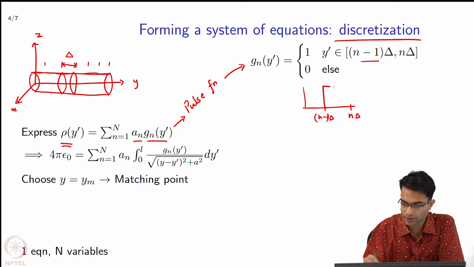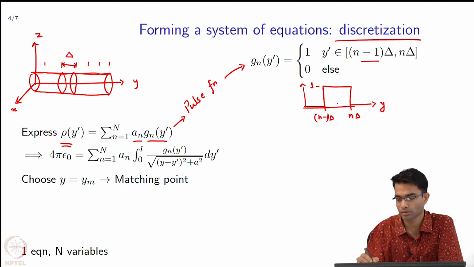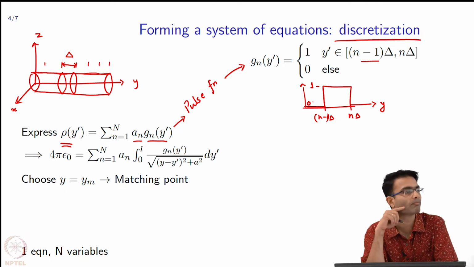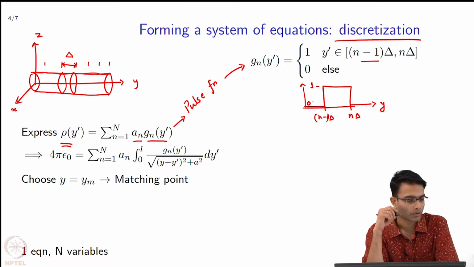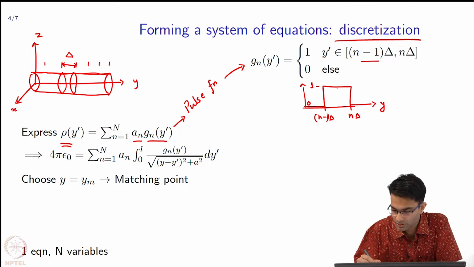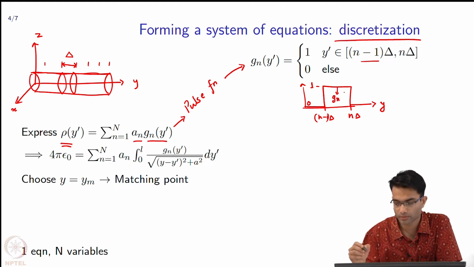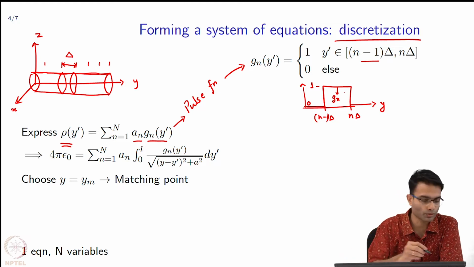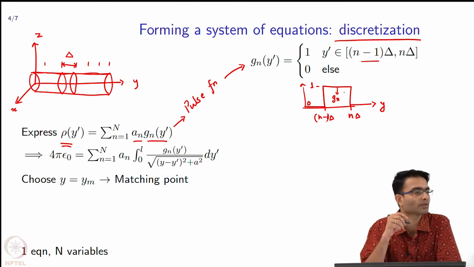So, this function is 1 over here and 0 elsewhere. So, for example, we can call this g n. Now, if I want to show you g n plus 1, what will it look like?